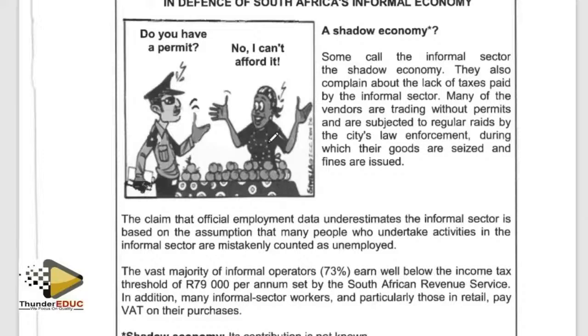The vast majority of the informal operators, 73%, earn well below the income tax threshold of 79,000 per annum set by the South African Revenue Services. In addition, many informal sector workers, particularly those in retail, pay VAT on their purchases.